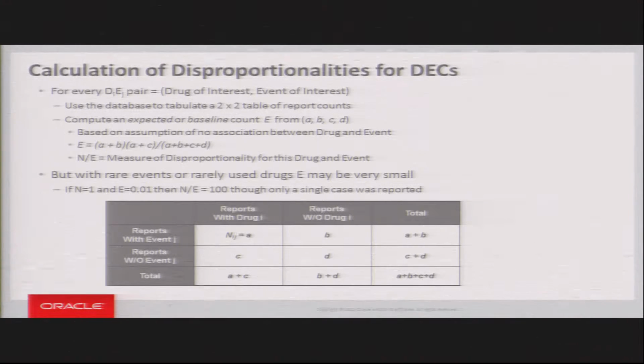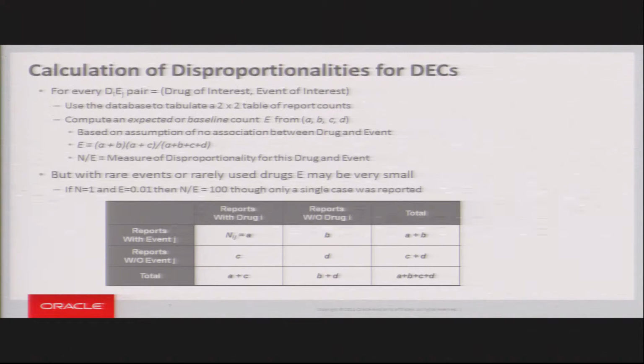Typically, the first approach to analyzing data like this would be, for each of these 50 million drug-event combinations, to create a 2-by-2 table: how many reports had this particular drug mentioned, how many did not, how many reports had that particular event mentioned, how many did not. You've got your ABCD, your standard first course in statistics, analyzing a 2-by-2 table.